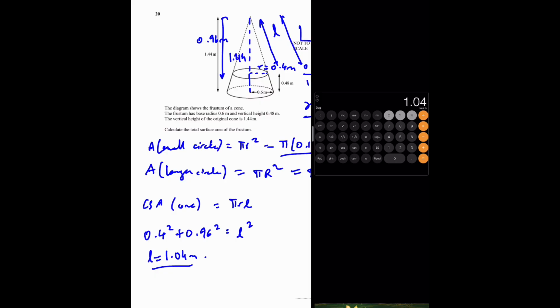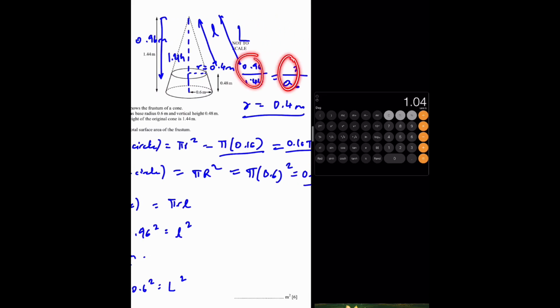Now we can do it for capital L. So here we need to take the whole height and the larger radius. So we have 1.44 squared plus 0.6 squared is equal to capital L squared. Of course, there's one more way you can find L using the formula for similar triangles.